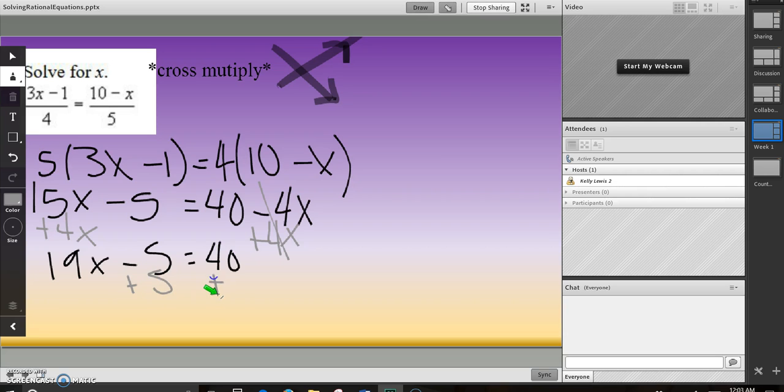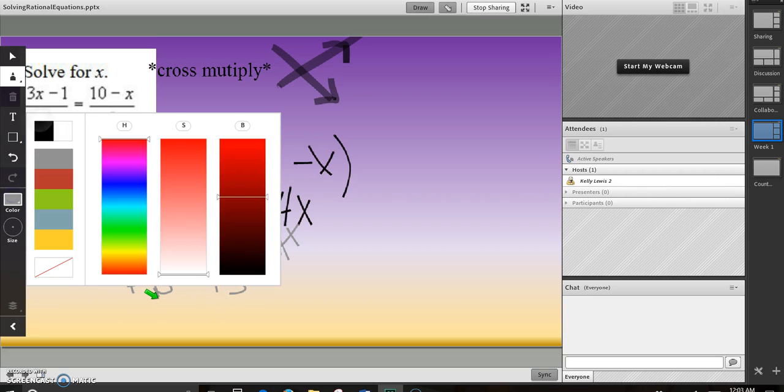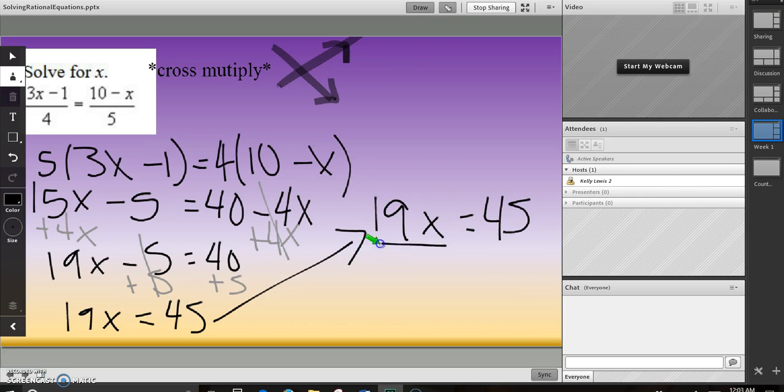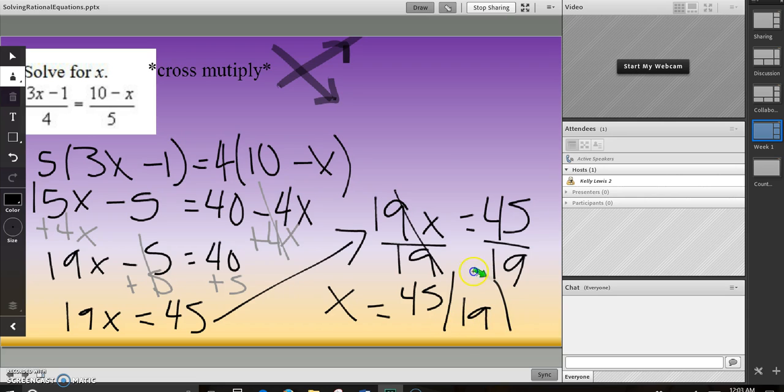Add 5 on both sides. 40 plus 5 is 45. 43x equals 45. I'm going to divide by 43. So x equals 45 over 43. Don't change it to a decimal. Don't change it to a mixed number. 45 over 43, whatever that is.